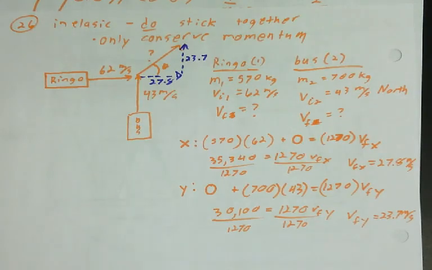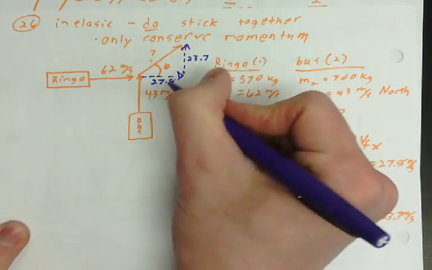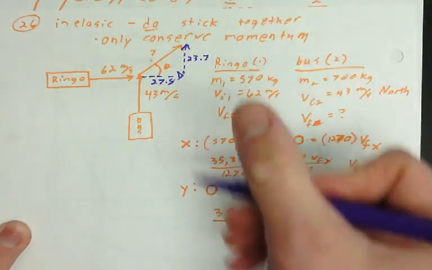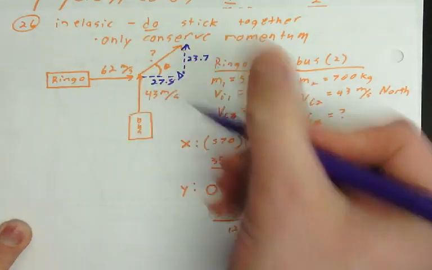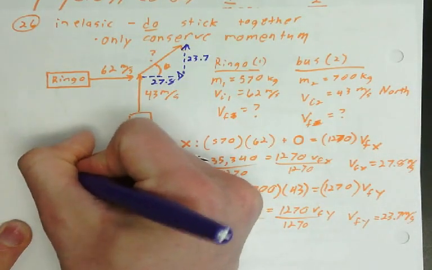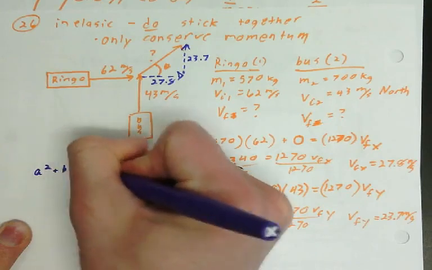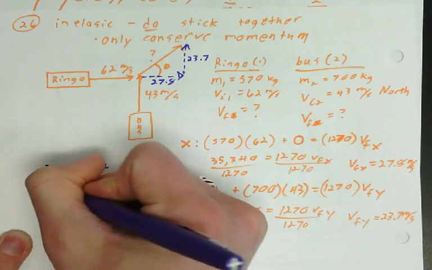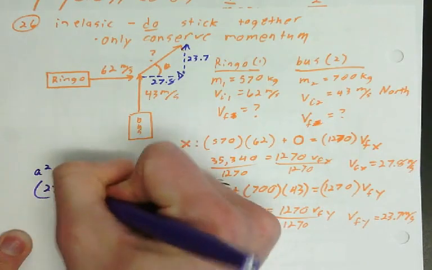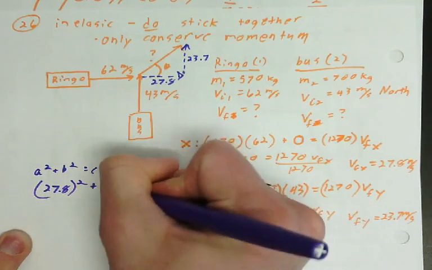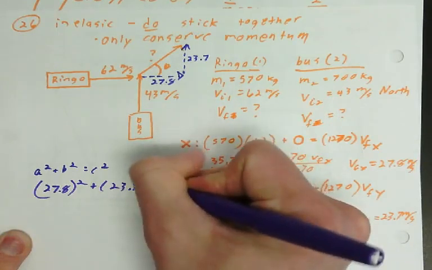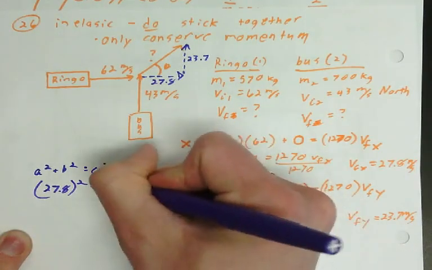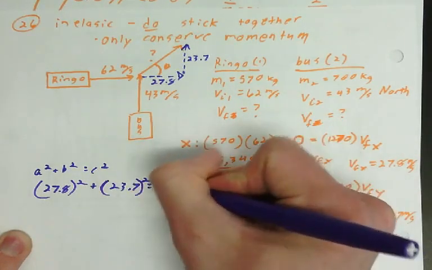All right. So now I have the 27.8 and the 23.7. If I'm trying to find the resultant vector, I use the Pythagorean theorem, a squared plus b squared equals c squared. So 27.8 squared plus 23.7 squared equals c squared.